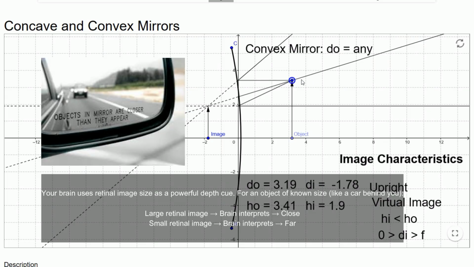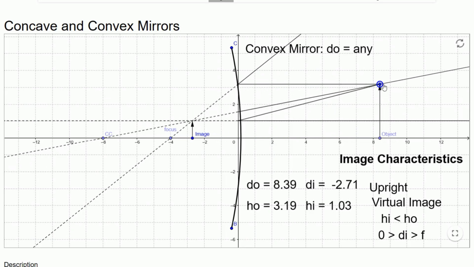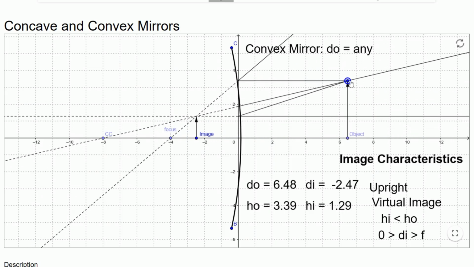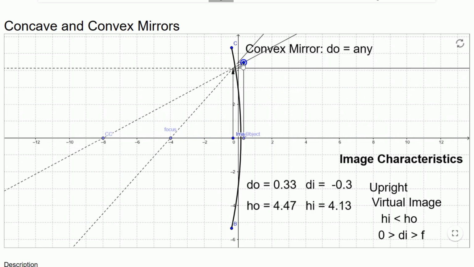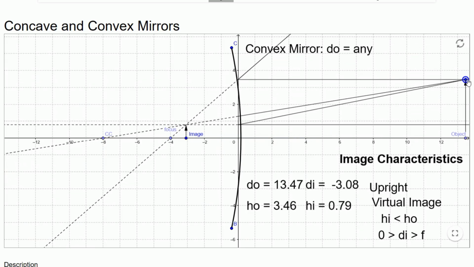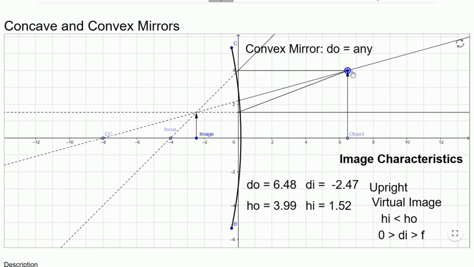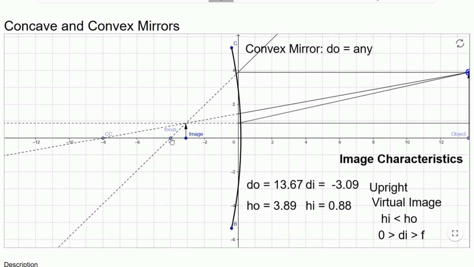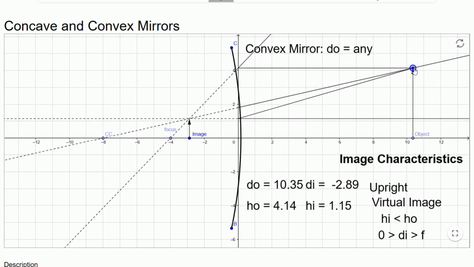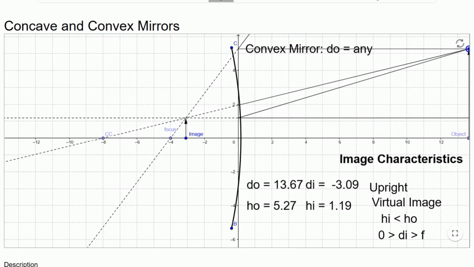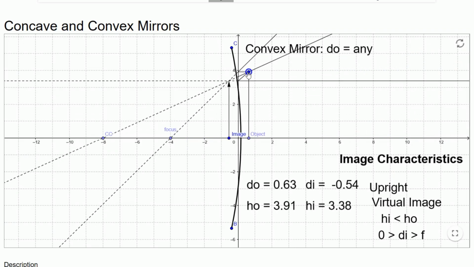So this is the reason why. As you can see, the object barely reaches the focal point. If it is at infinity, maybe then it will reach the focal point. However, in this illustration here, it does not reach our focal point.